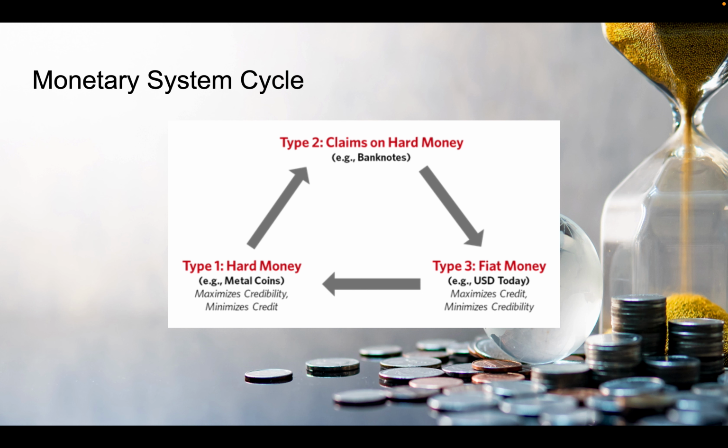Instead of handing out gold or physical hard money, you can go into type 2 and start to print money to represent the hard money that you have in the bank. The issue is then that this is based on trust. The users of that money trust that there is a direct link to the hard money.